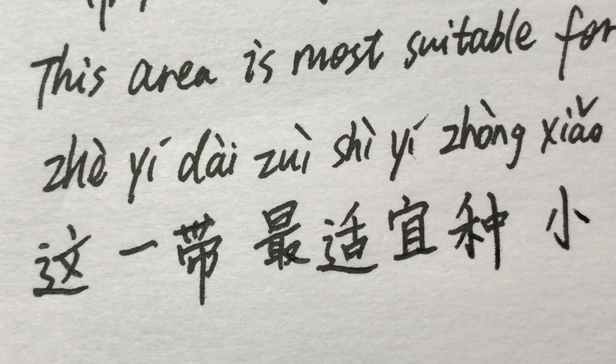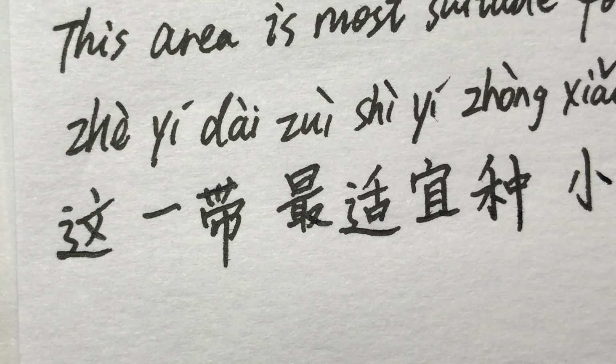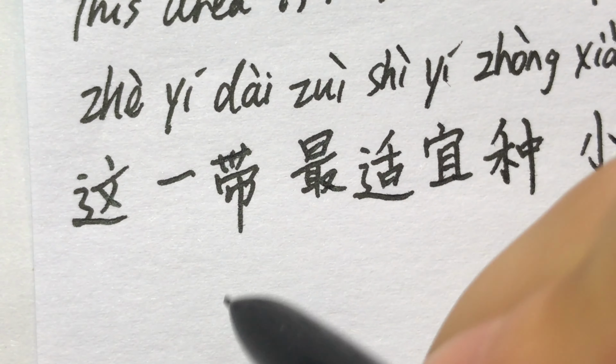This area is most suitable for growing wheat. 这一带最适宜种小麦。My daily handwriting on the character Dai.